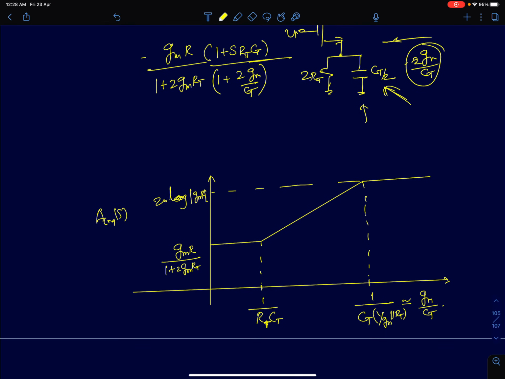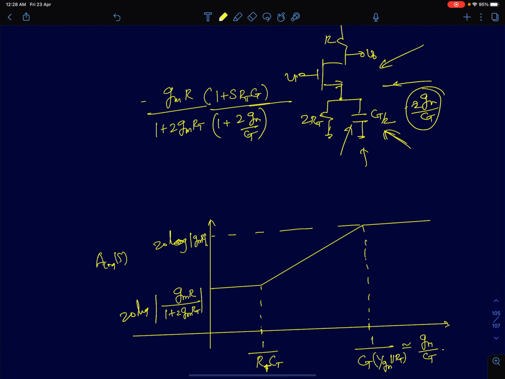So the gain plot will look like this. The DC gain starts at 20 log of mod of GMR by 1 plus 2 GMRT. After the zero, the capacitance will start shunting out the source resistance, which means the gain will start increasing. The capacitance is reducing the net impedance of the source terminal, so the gain will start increasing.